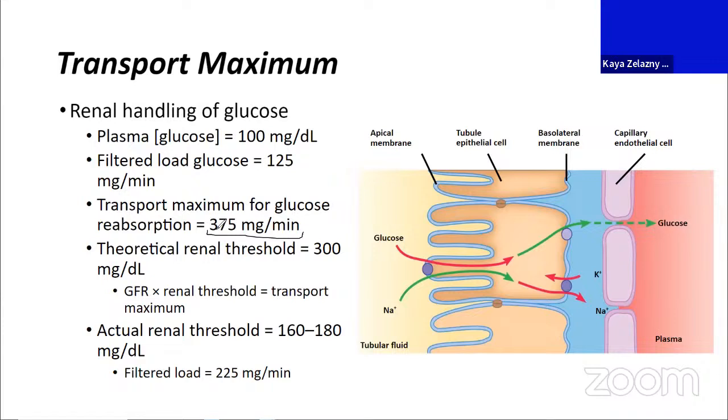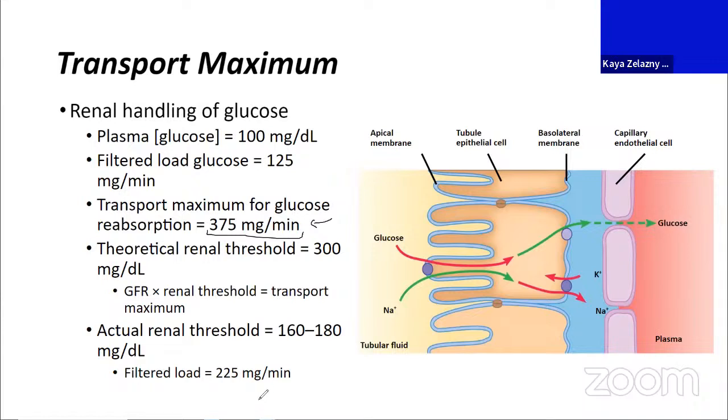So theoretically, you shouldn't hit this transport maximum until you get to about 300 milligrams per deciliter of glucose in the blood. You find that because your glomerular filtration rate times the renal threshold is going to give you this transport maximum. Okay. However, in reality doesn't match theory all that well.